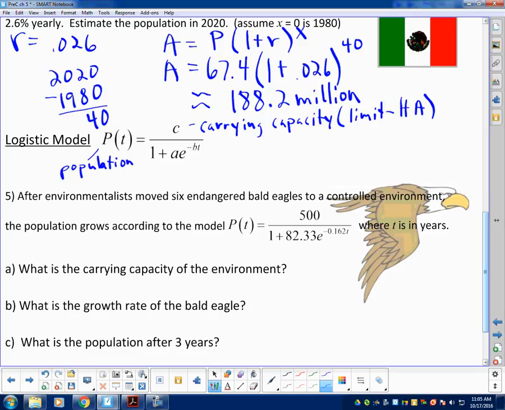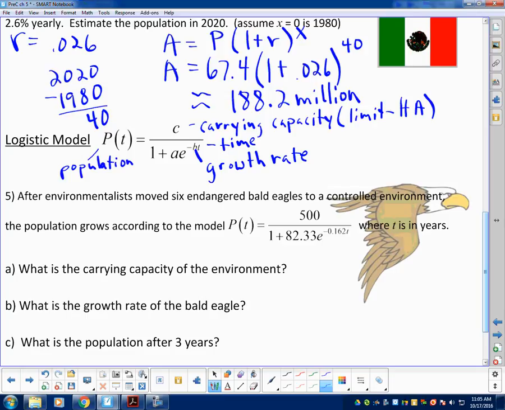And then B is the growth rate here, and T is the time. And then A is related to the initial amount. It's not exactly the initial amount, but it's related to it.